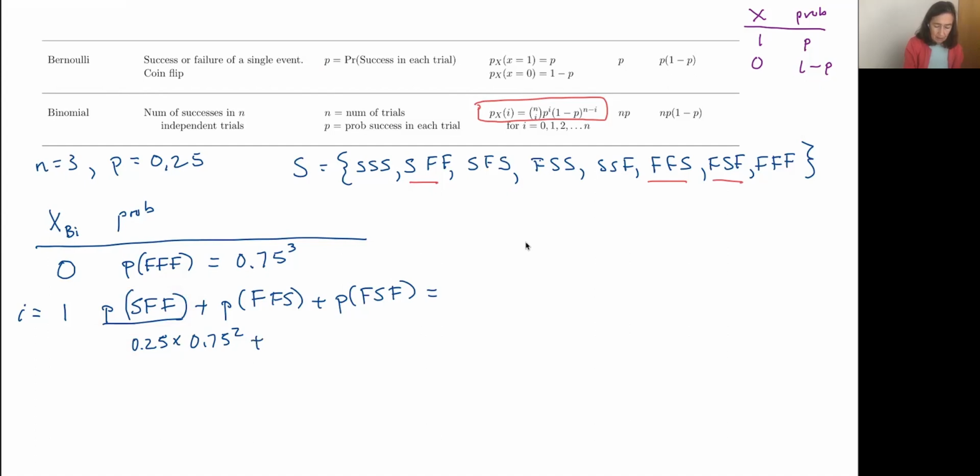Plus 0.75 times 0.25 times 0.75, plus 0.75 squared times 0.25.